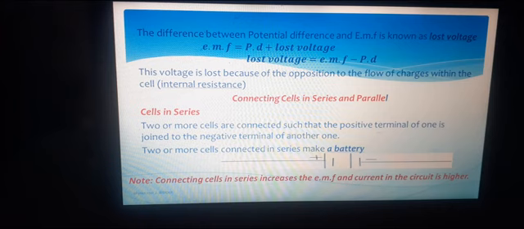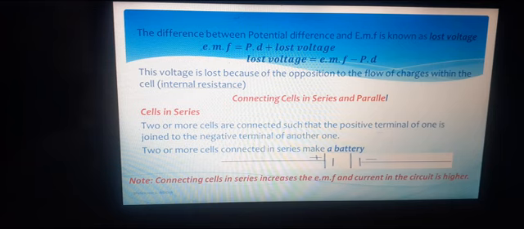Two or more cells connected in series make up what we call a battery. NB: connecting cells in series increases the EMF, and the current in the circuit is higher. The more cells in series, the more the EMF and the current in the circuit.